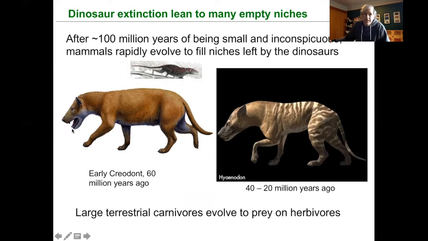So within 5 million years, our little tiny shrew had evolved into a large terrestrial carnivore. In addition, in other parts of the world, we started seeing the Hyaenodon appear. 40 to 20 million years ago, this thing was walking the earth. So we've got this little tiny shrew evolving into both big herbivores and also into big carnivores that then prey on these herbivores.